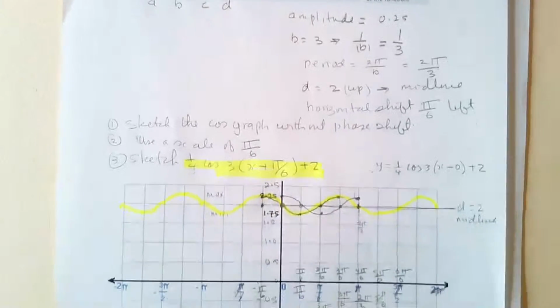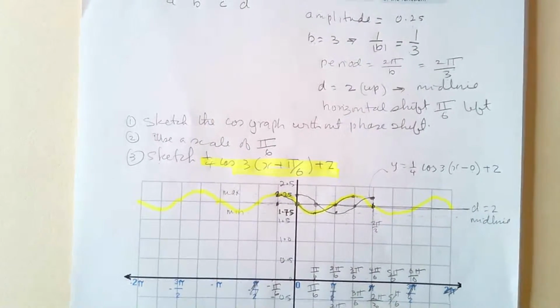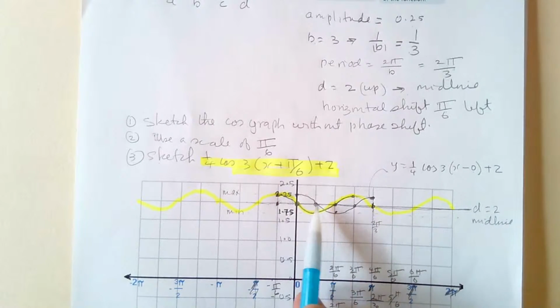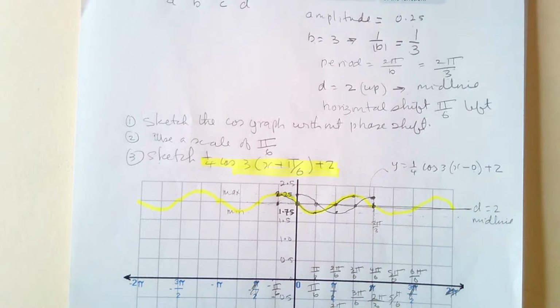That's not the only way. The other way is to find the 4 or 5 main points and then create your sketch based on your amplitude and your period. So those are two examples of sketching a graph.